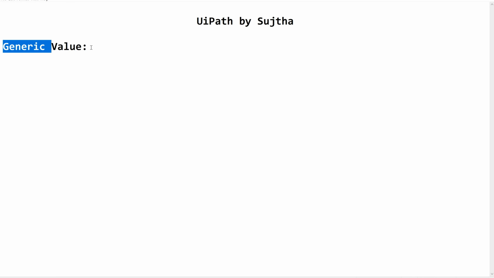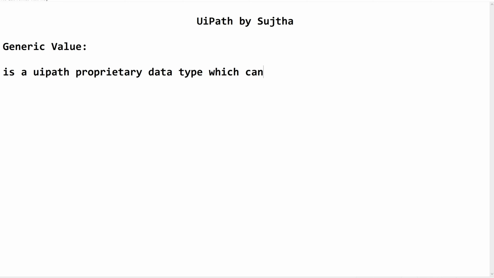So quickly make a note of what we have listened to so far. Make your own notes in a highlighted way. Generic value is a UiPath proprietary data type which can store any kind of data.